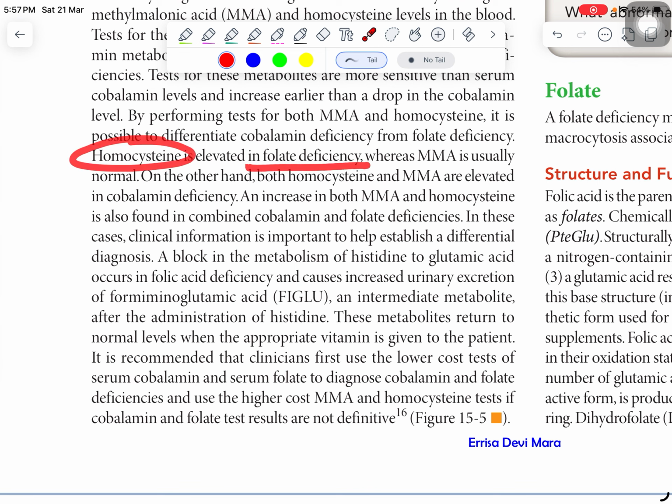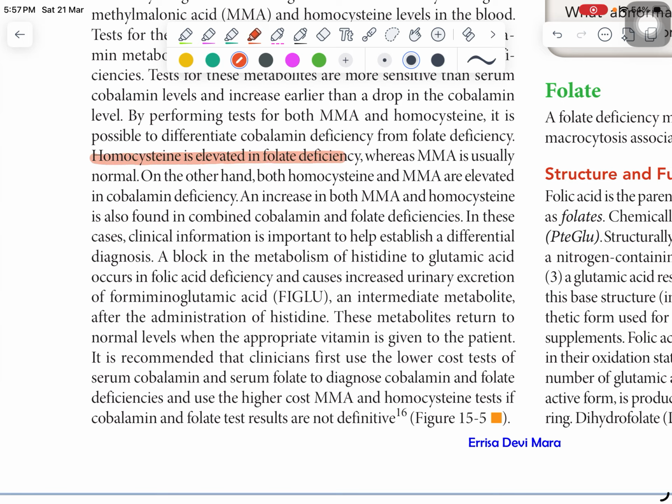Homocysteine is elevated in folate deficiency, whereas MMA is usually normal. On the other hand, both homocysteine and MMA are elevated in cobalamin deficiency. See how nicely they have given.